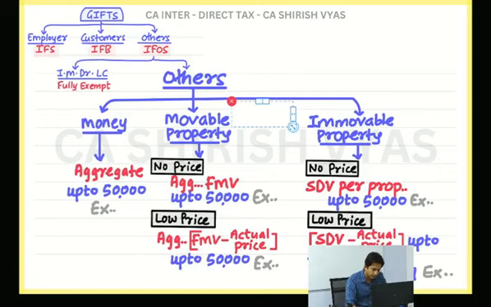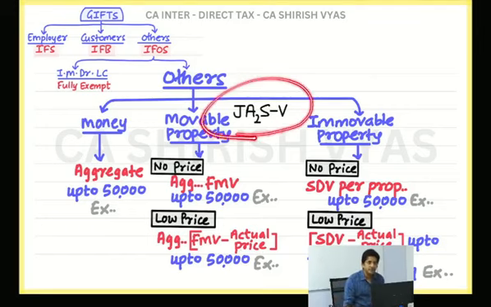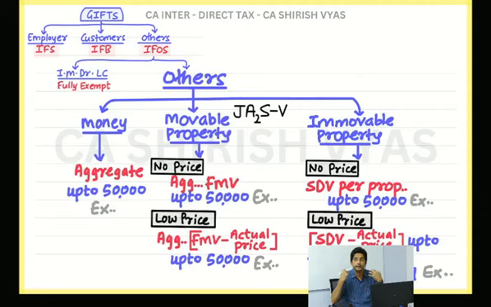And you know which are those movable properties? Look here. There is one keyword. Just we. How do you read this? Just we. J stands for jewelry. So if you get jewelry, and when I say jewelry, it is not just the ornaments. It includes gold, silver, precious stones. Precious stones means diamond is also stone.